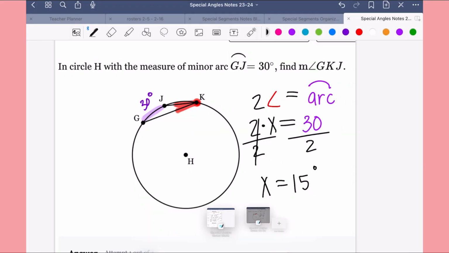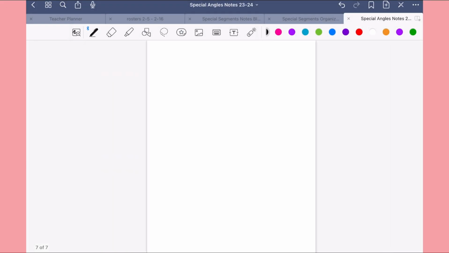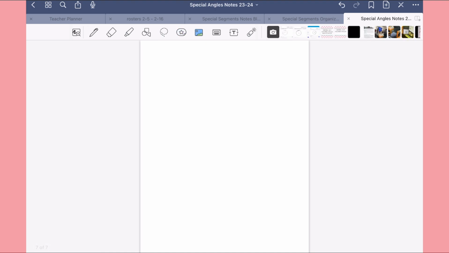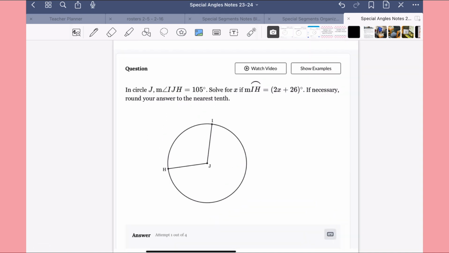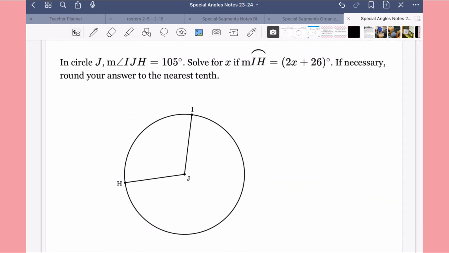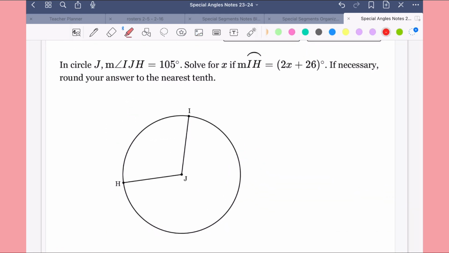Is it central or inscribed? This one should be central, okay? Because where is your vertex? In the center of your circle. So this angle should equal the intercepted arc here.